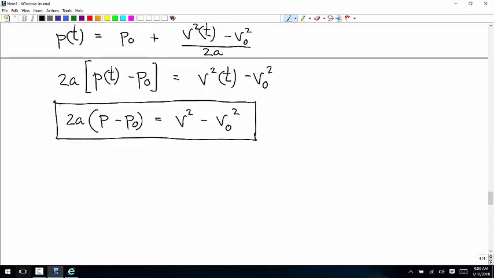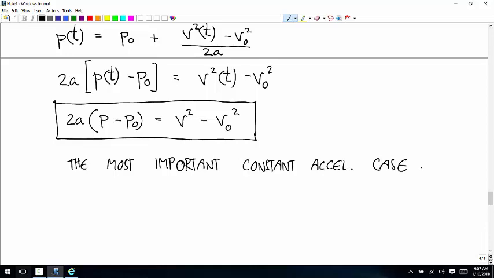And the most important case of constant acceleration is free fall.